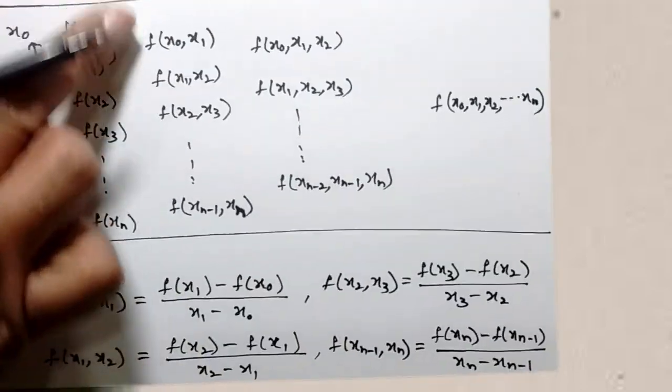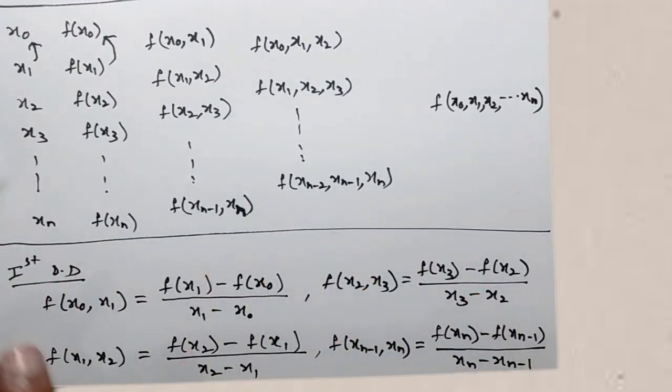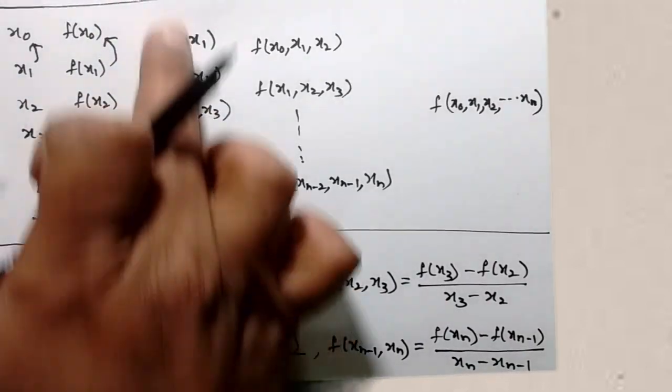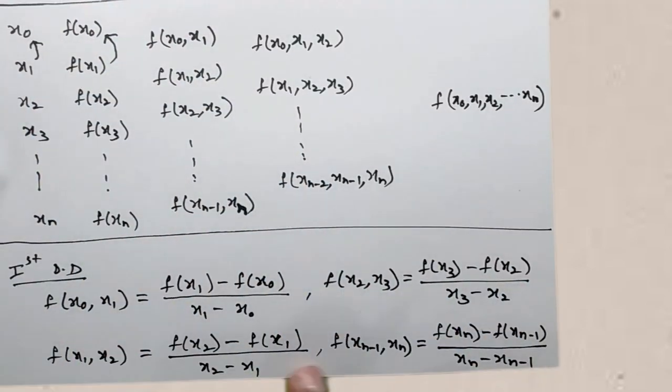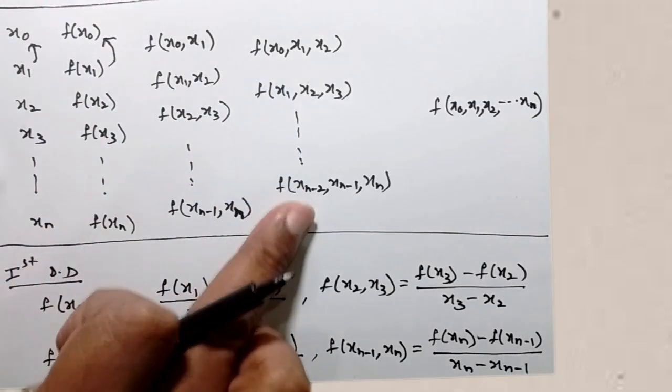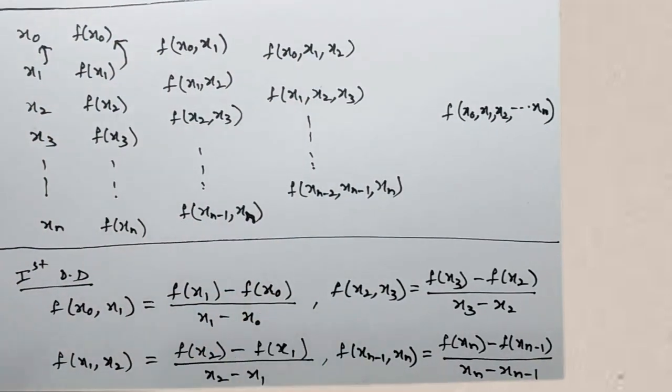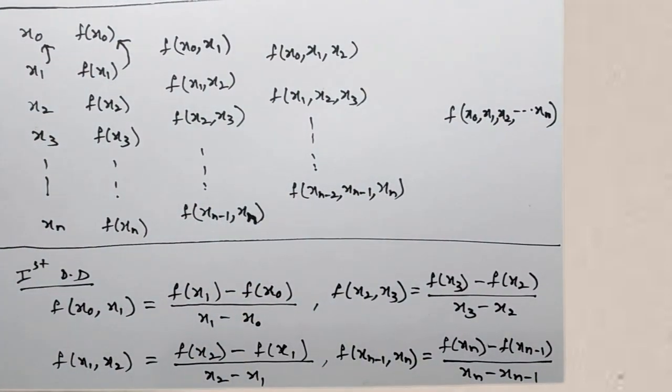So this represents your first divided difference, this complete column. This is how you can find it. Is it clear how to find the first divided difference? Now similarly we'll see how to find the second divided difference.